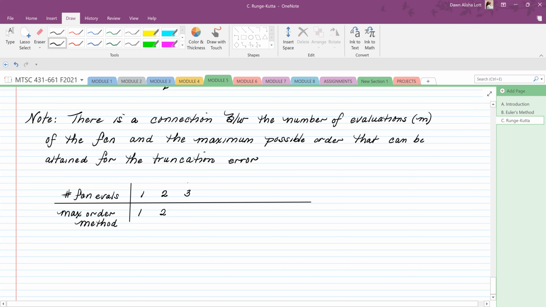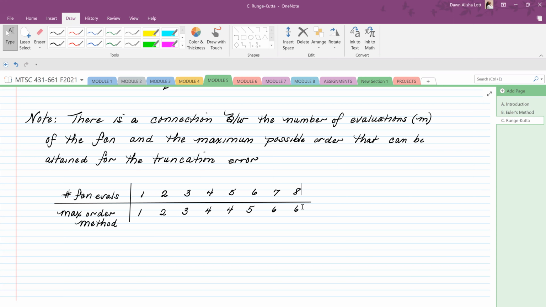We didn't talk about a 3 evaluation method, but it's at most H cubed. Runge-Kutta is a 4 evaluation method, and as we saw, it was order H to the 4th. If you have 5 evaluations, it can still be no more than H to the 4th. With 6 evaluations, no more than H to the 5th. 7 evaluations gives 6, and 8 evaluations is 6. That's the best they've been able to prove in creating these methods. So we've already done that.